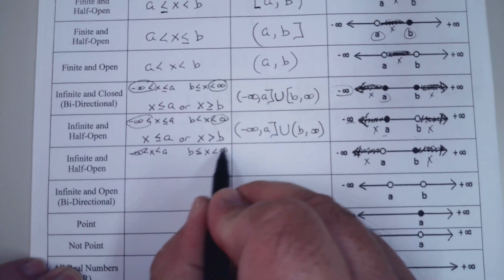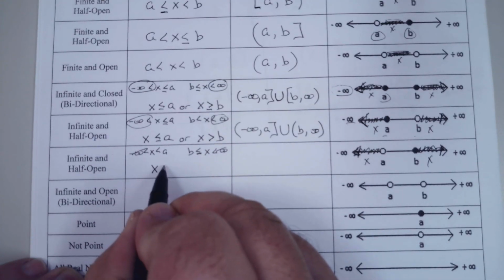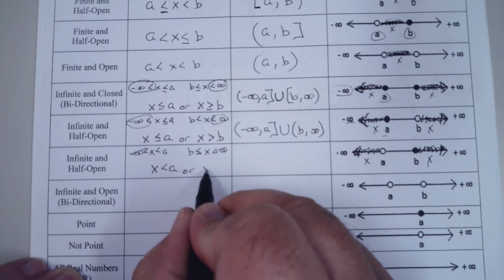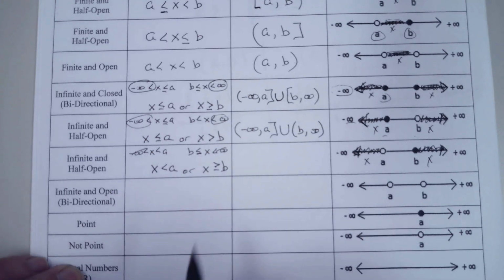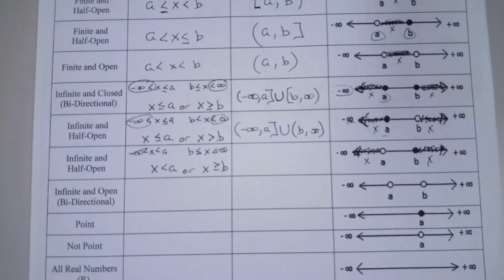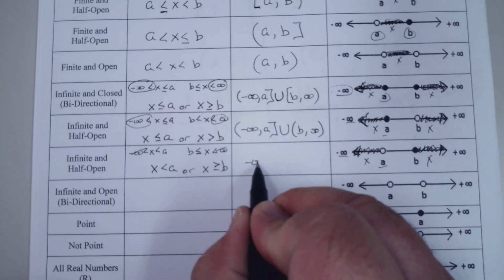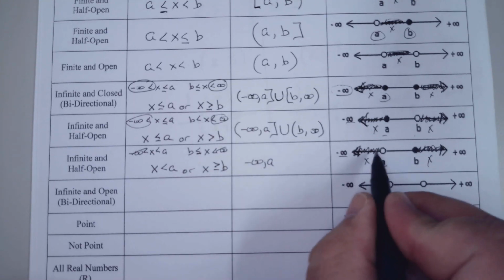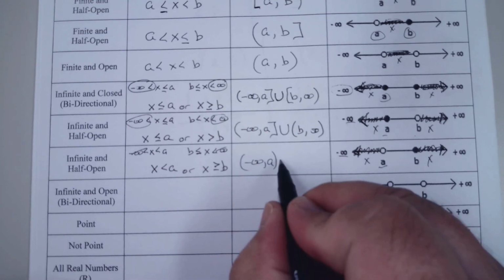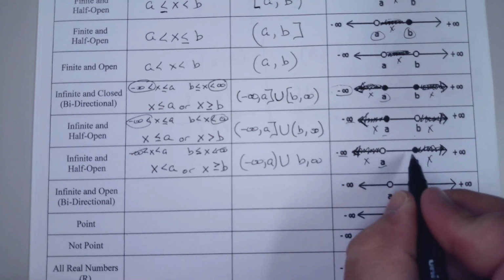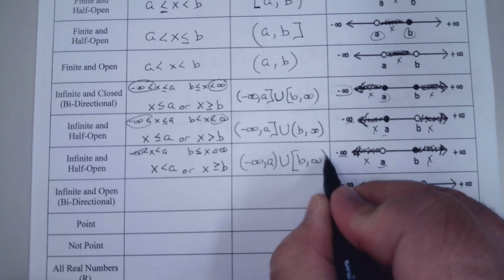Again, the infinity parts are redundant. X less than a, or x is greater than or equal to b. Look at the endpoints. Negative infinity to a, they're both parentheses, unioned with b, comma, infinity.